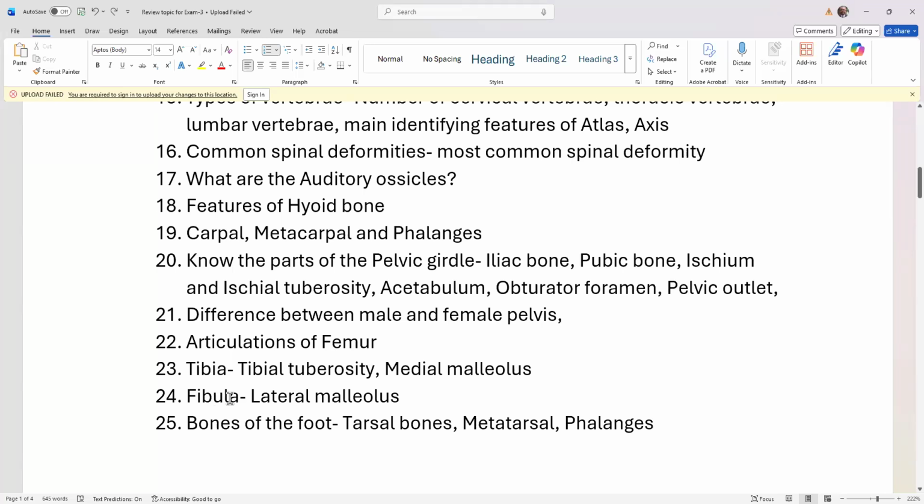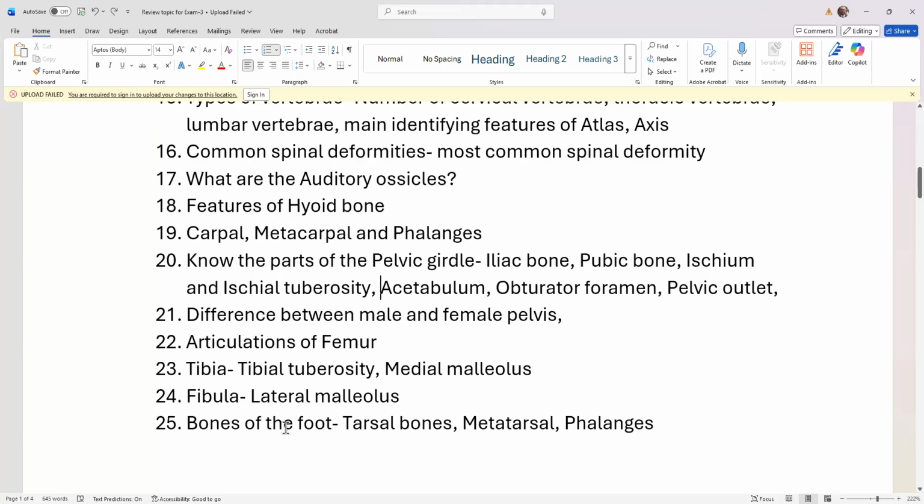In the fibula, you should know that the fibula does not articulate with the femur, and the fibula constitutes the lateral malleolus.